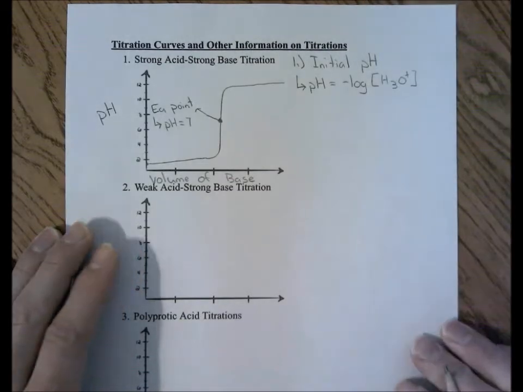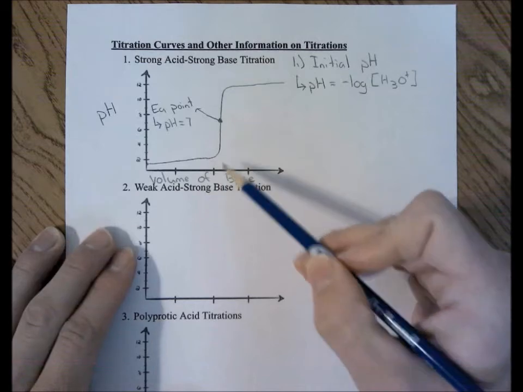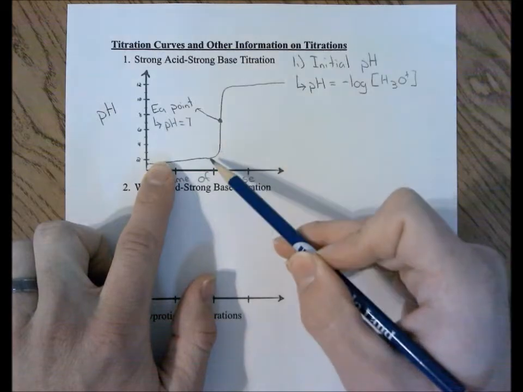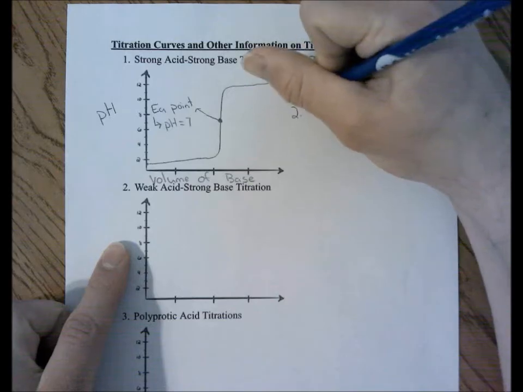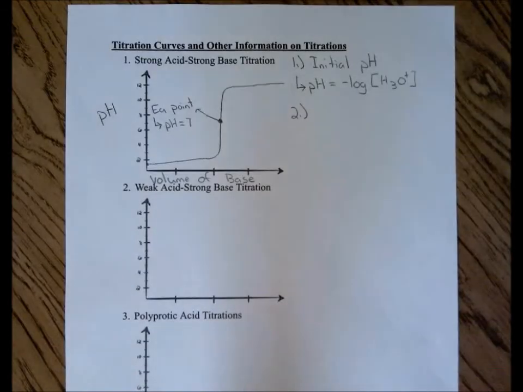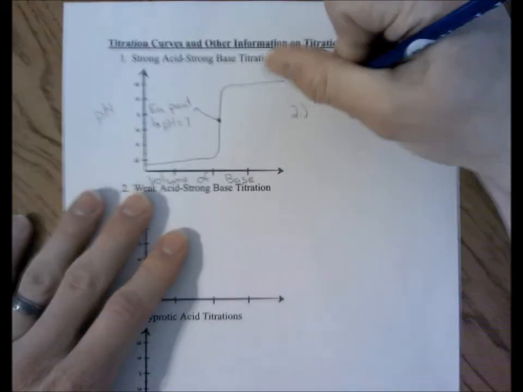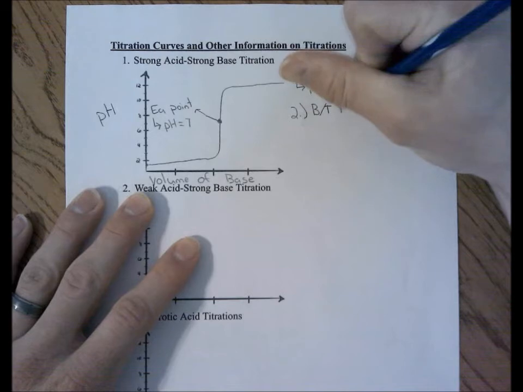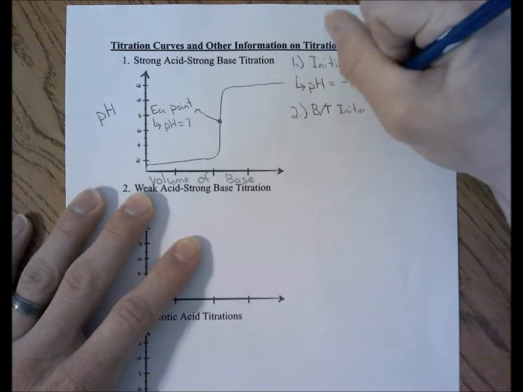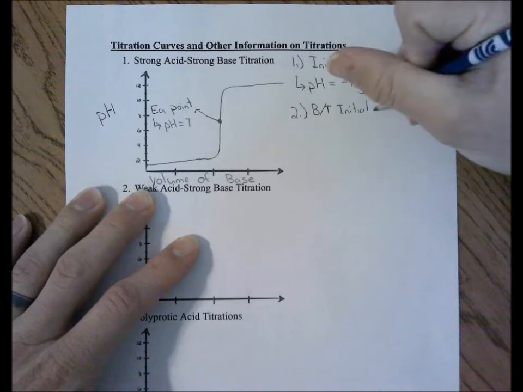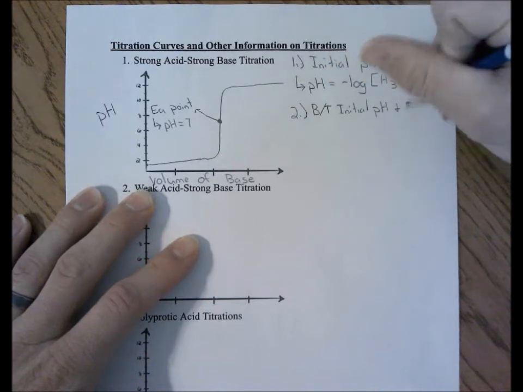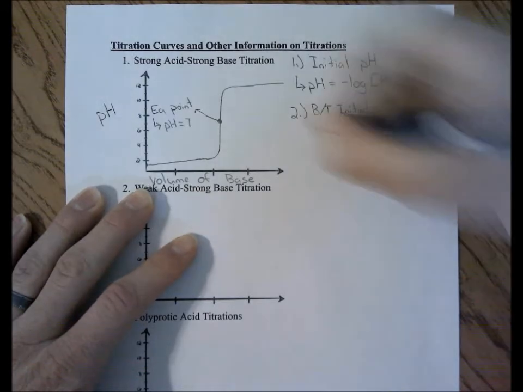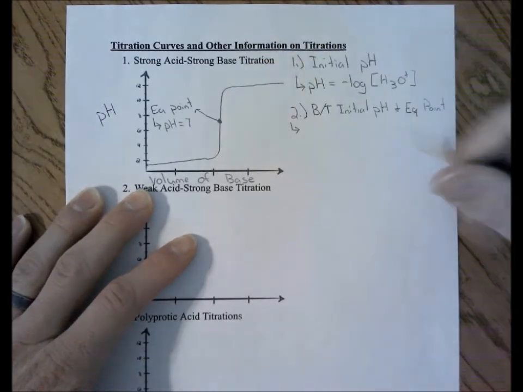Now, as we add some base before we get to the equivalence point, between the initial pH and the equivalence point, which I'll abbreviate as EQ, our pH is determined by excess acid.